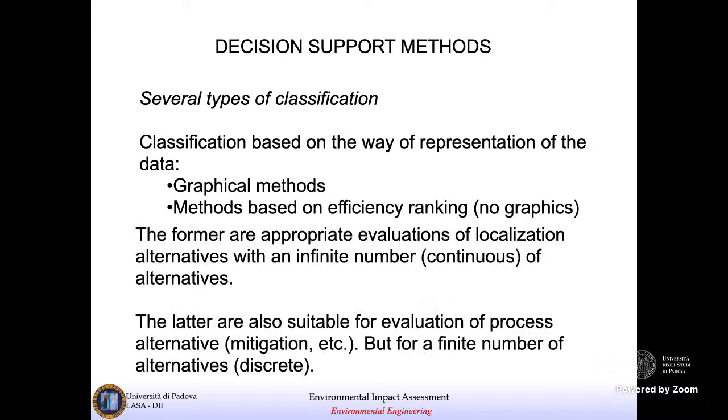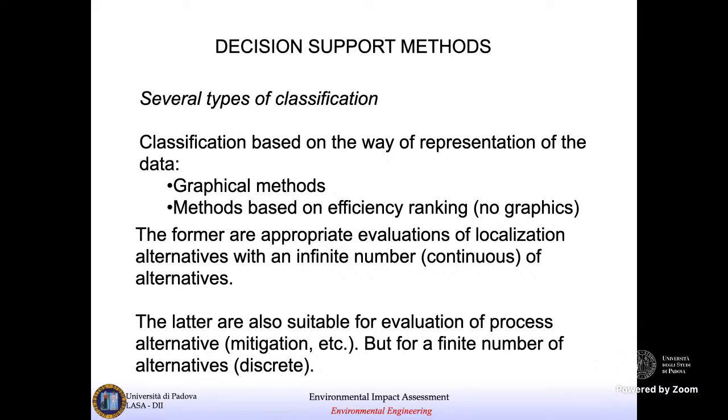The former are appropriate for evaluation of localization alternatives with an infinite, or if you want continuous, number of alternatives, while the latter, methods based on efficiency ranking, are also suitable for evaluation of processes, alternative mitigation, etc., but they are suitable for a finite number of alternatives.